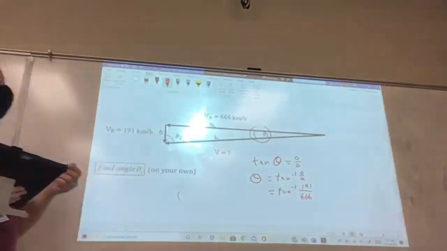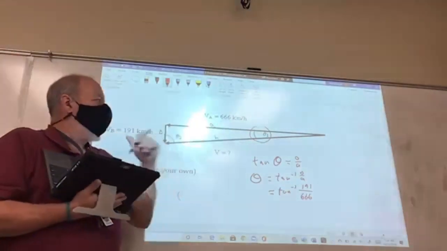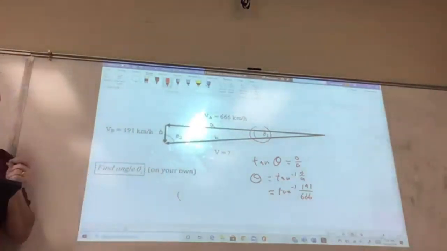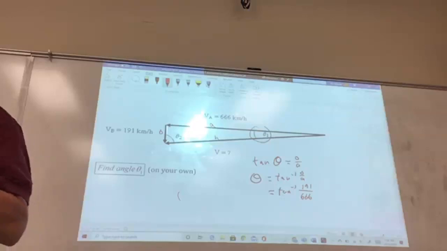And if it's a lot shorter, my value is going to be a lot less than 1. So my angle is going to be a lot less than 45 degrees is what I meant to say. So the inverse tangent of 161 divided by 666 is 13.6 degrees.